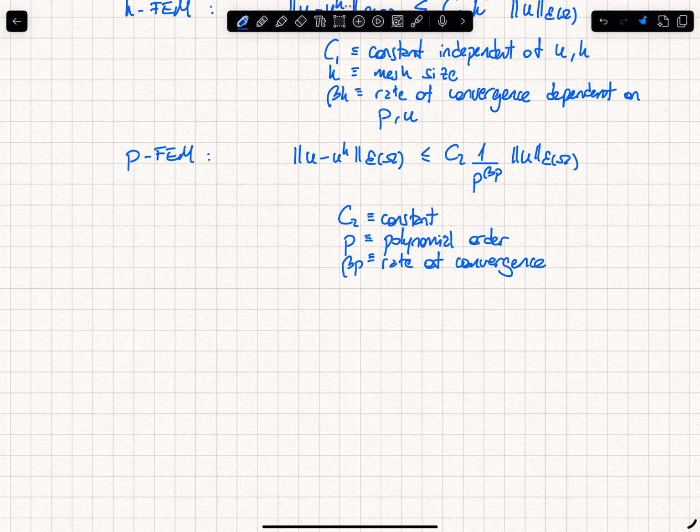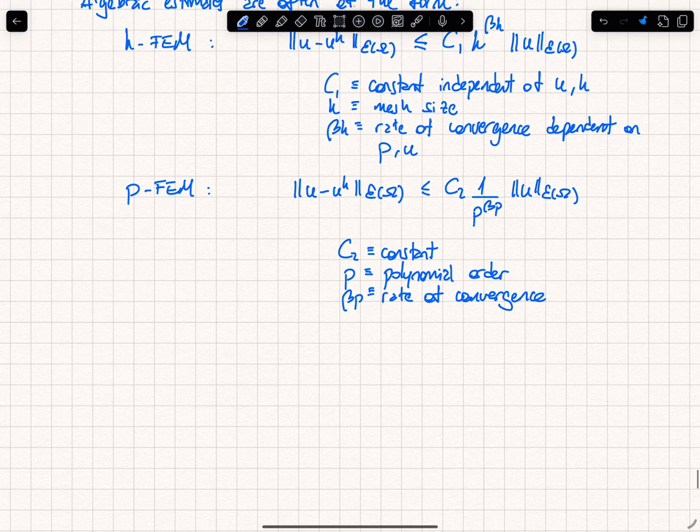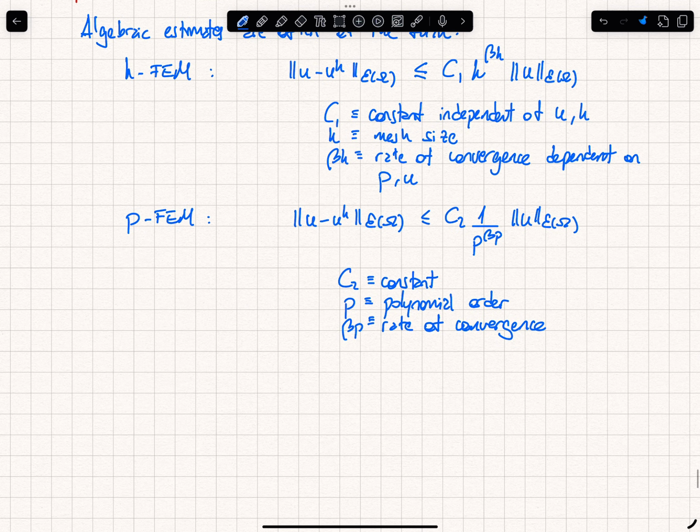Okay, notice how I use beta H for h-FEM, beta P for p-FEM, but they are both algebraic rates of convergence. Okay? All right, finally we get into the so-called exponential.